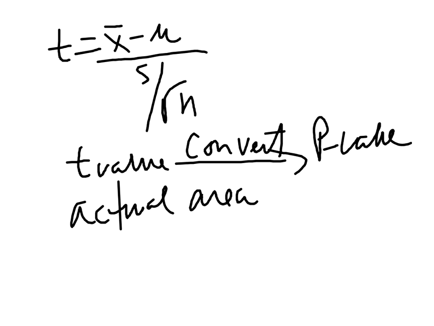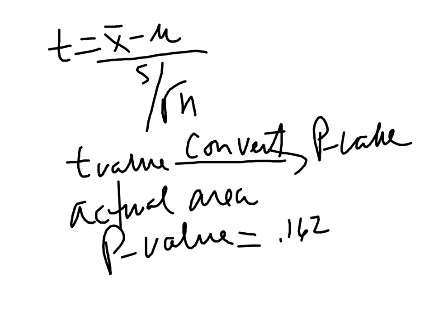Recall also that the p-value is used sometimes when somebody will summarize the results of a study and they'll give maybe something like p-value equals 0.162. I'll find it real quick because we just recently saw it on page 434.